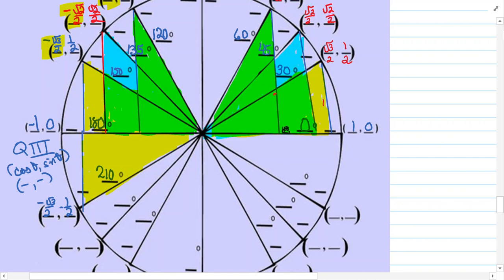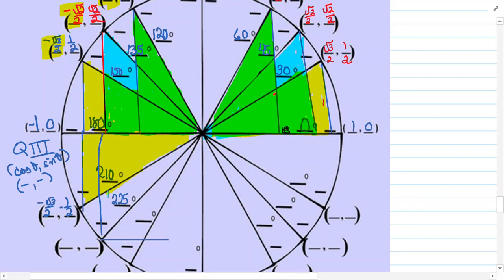And then this would be 225. And in my 225, oh, well, I drew that one. Sorry about that. And I thought I had it right.